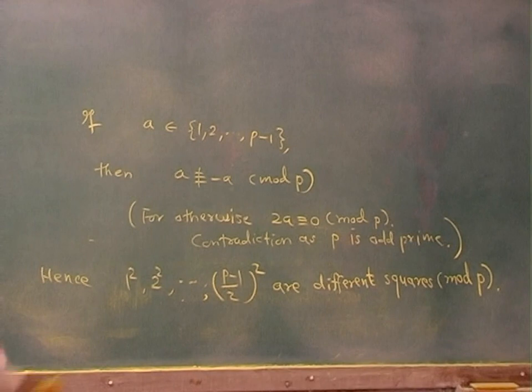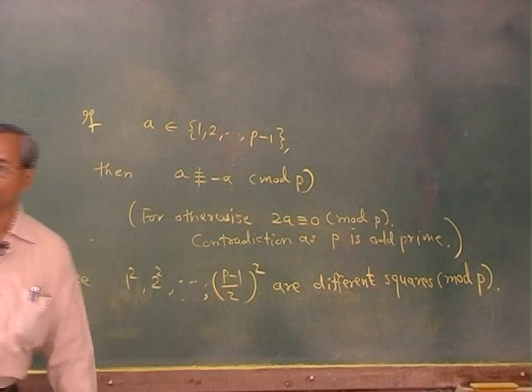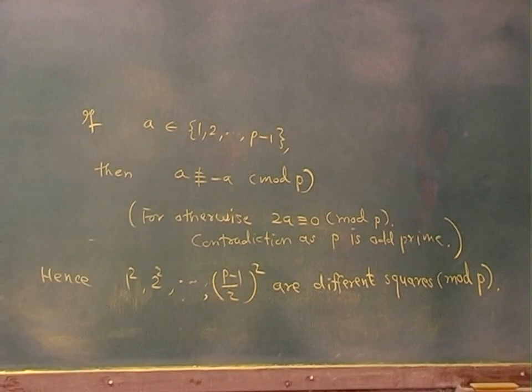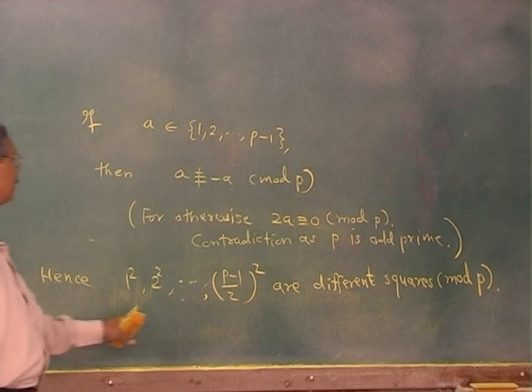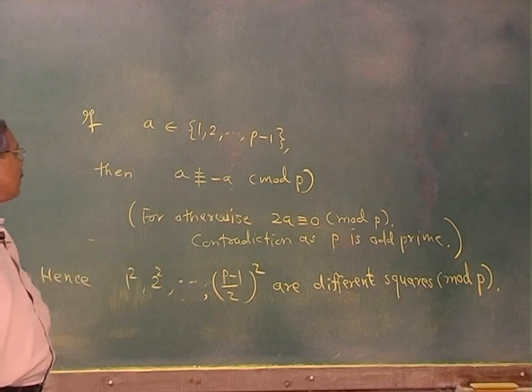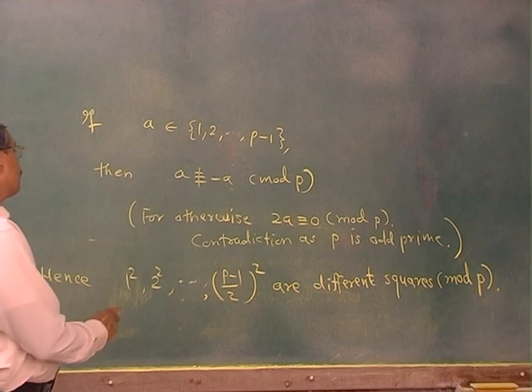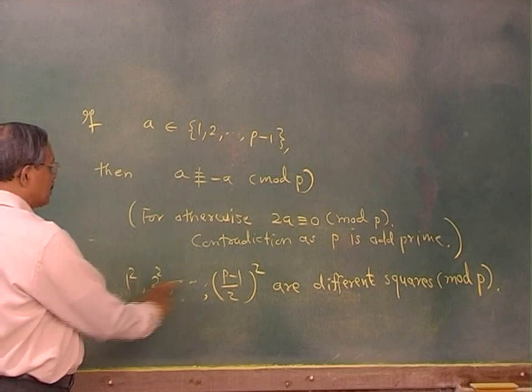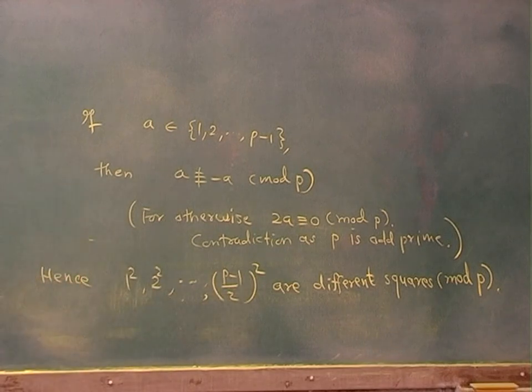Because if two of them are congruent to each other, i square congruent to j square, what should happen? i should be congruent to minus j, or i should be congruent to plus j. But if you take numbers from 1 to (p minus 1) by 2, then i congruent to minus j means i plus j is 0 mod p.